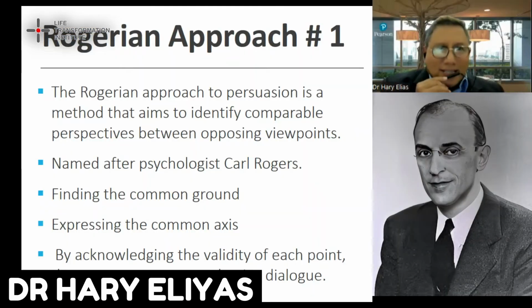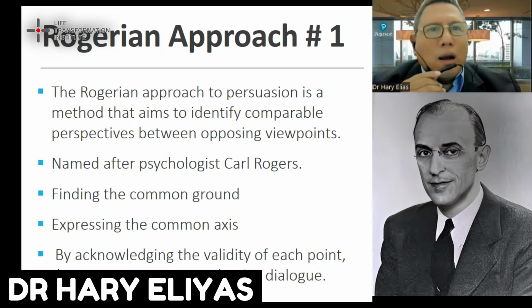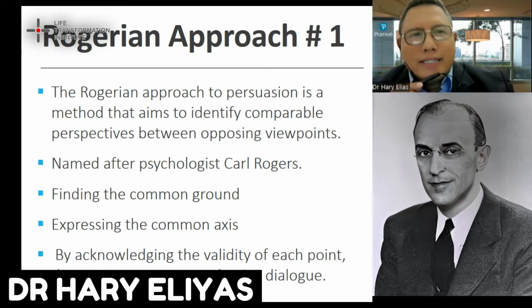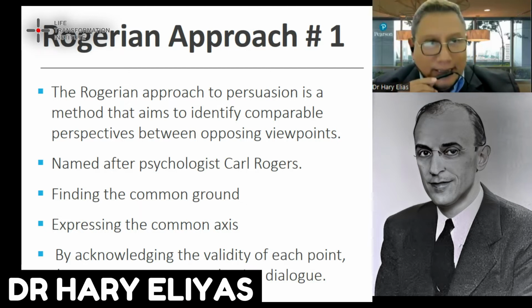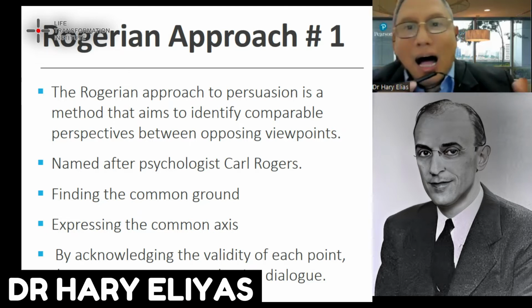Now, our first approach to negotiation is called the Rogerian approach. The Rogerian approach is an approach to negotiation or persuasion by a psychologist. It's actually the name of a person, and his name is Carl Rogers.